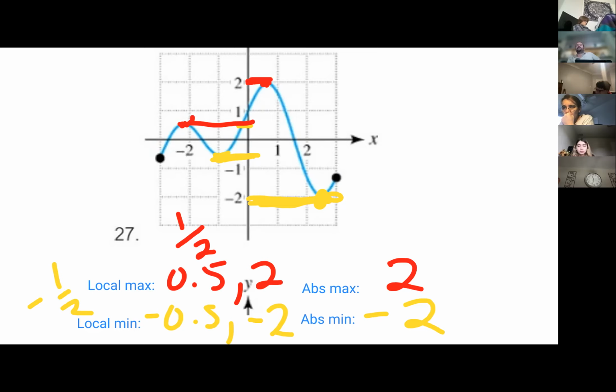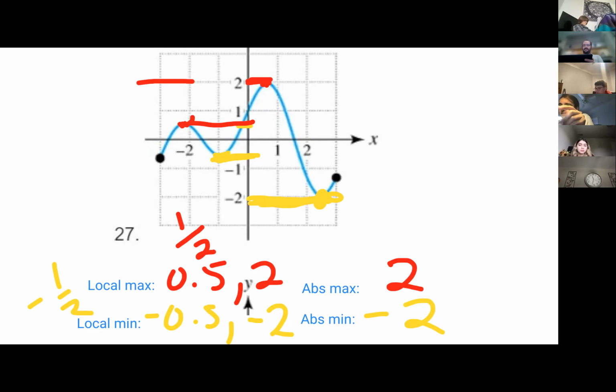If I look absolutely, what is the point that this graph goes up to and doesn't go any further? The 2 points, one on the right, the 3, and the other on the other side, the minus 3. So it should be this 2, right?